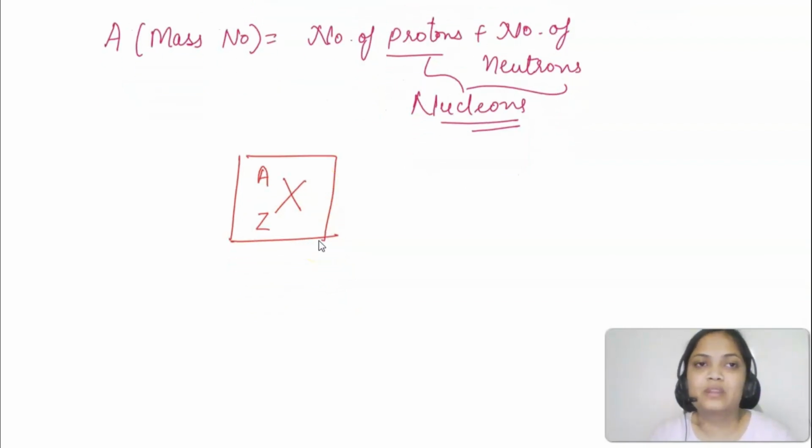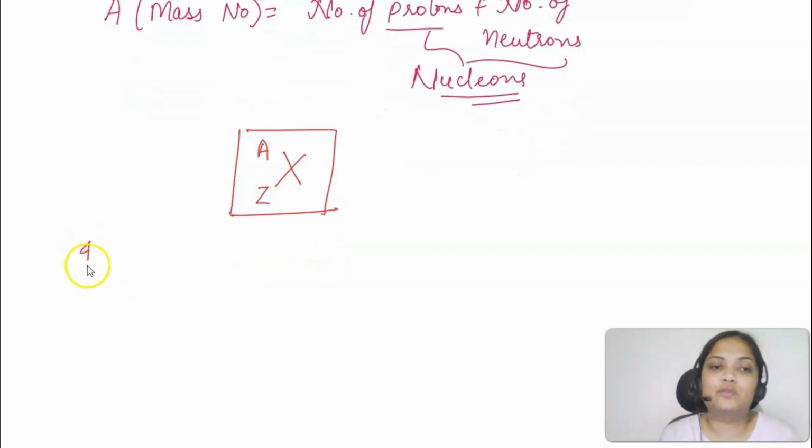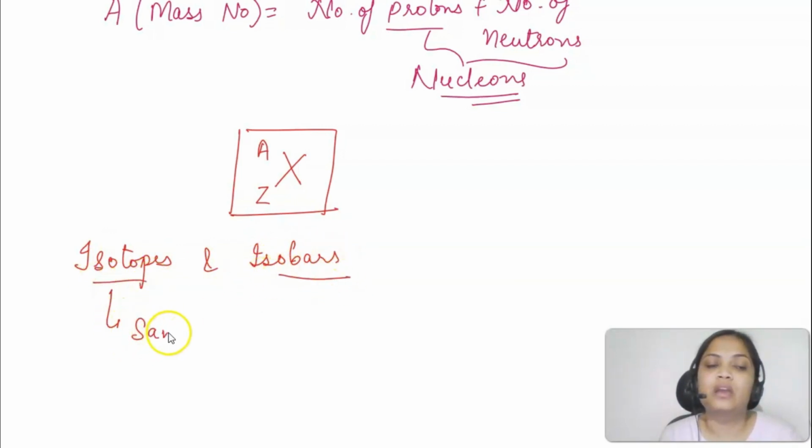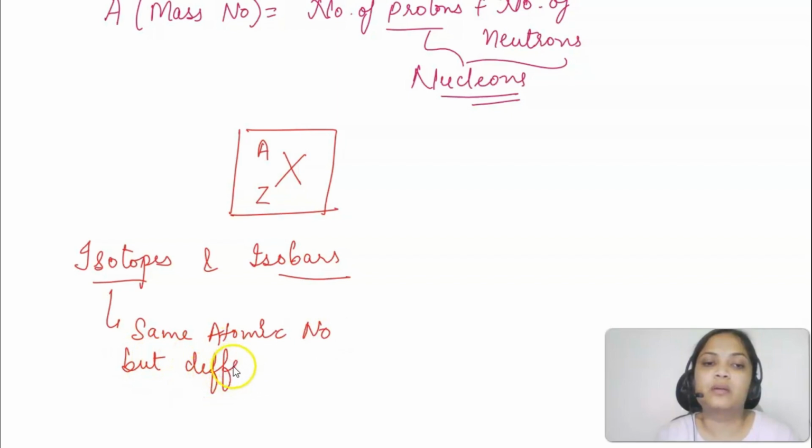All right. So then you have also studied about isotopes and isobars. So what are isotopes? The ones having same atomic number, right? Same atomic number but different mass number. This you have already studied, no students? Like we have hydrogen.